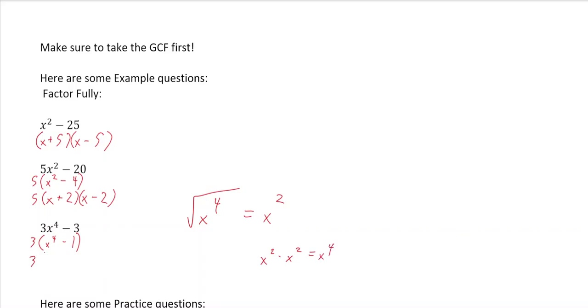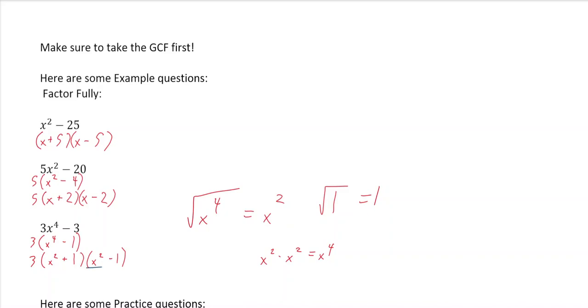Okay, so let's continue. So we get x squared plus something and x squared minus something. Whoops, and that something is going to be a 1, because 1 times 1 equals 1, or another way to say that is the square root of 1 is 1. Okay, this looks like we're done, but we're not, because there's another difference of squares.